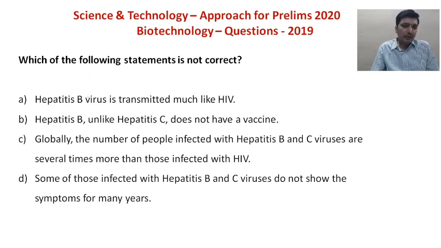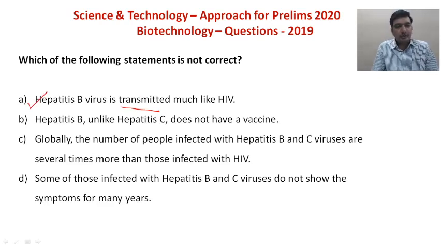Let's see. Hepatitis B virus is transmitted much like HIV. Do they follow the same path of transmission? Indeed, yes, because both of them can be sexually transmitted. Either contaminated blood or sexual transmission is possible for both HIV and hepatitis B. I believe you're probably familiar with this, so you shouldn't have a problem answering it.